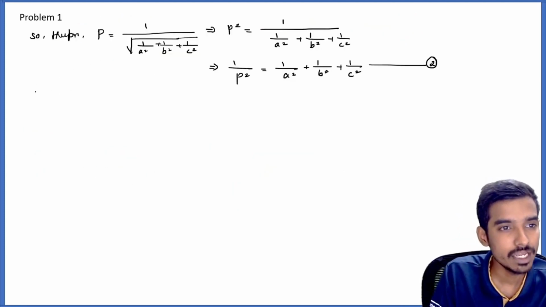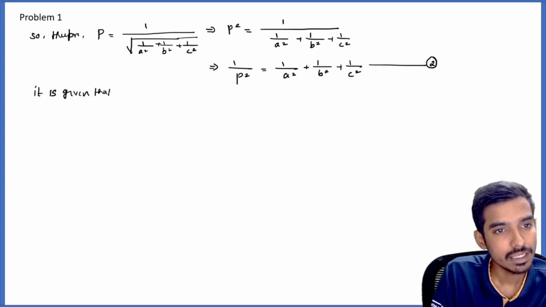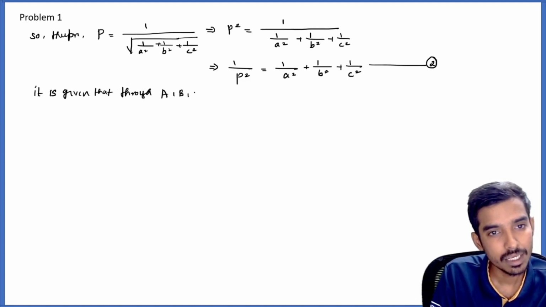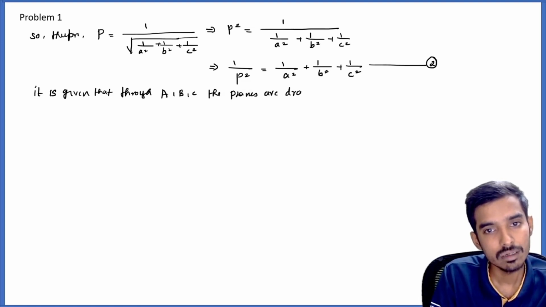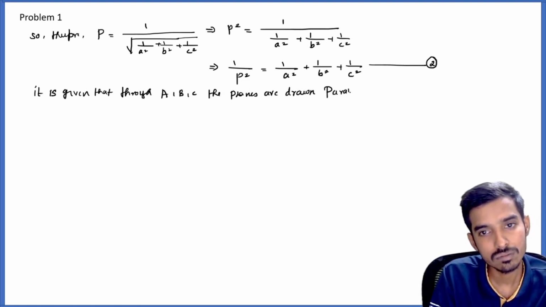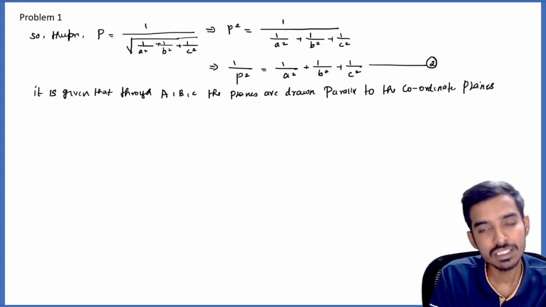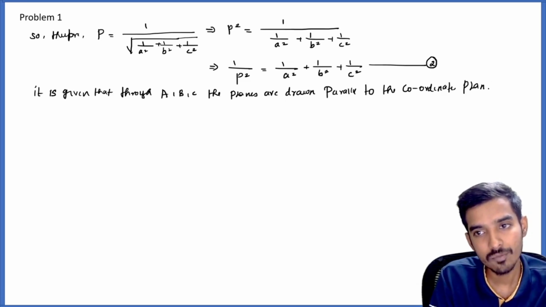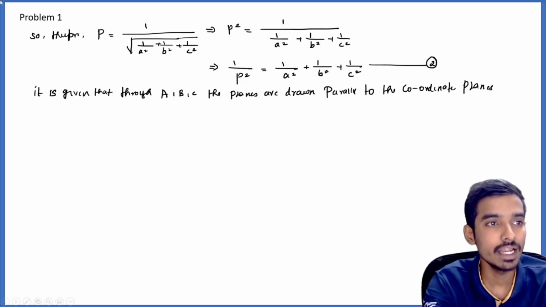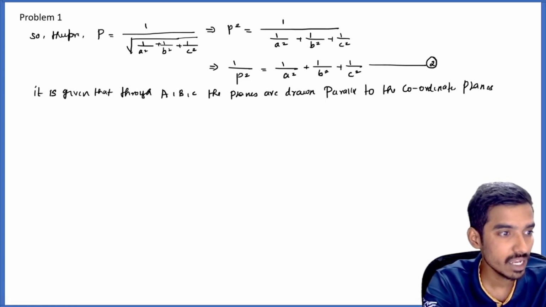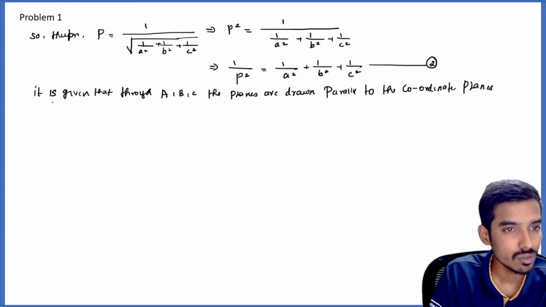So it is given that through A, B, C, planes are drawn parallel to the coordinate planes. So the equation of the plane parallel to the coordinate plane and passing through the vertices A, B, C is given by. So A is (a,0,0), B is (0,b,0), C is (0,0,c).